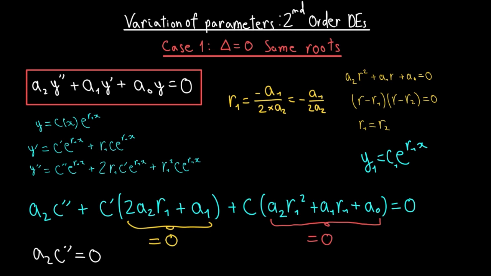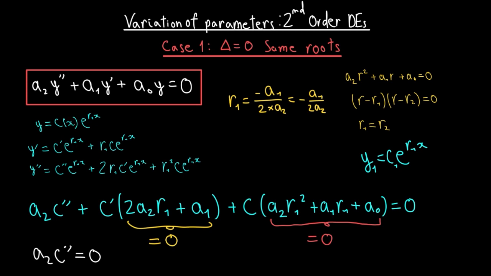One important point I want to emphasize before you move forward is that the whole idea behind the variation of parameters method is that we have one part of the general solution, y is equal to c e to the r1x. And what we do is we vary the constant, so we turn it into a function.